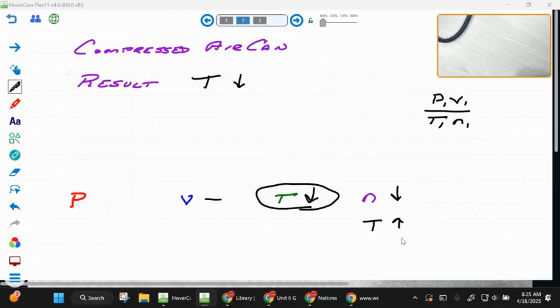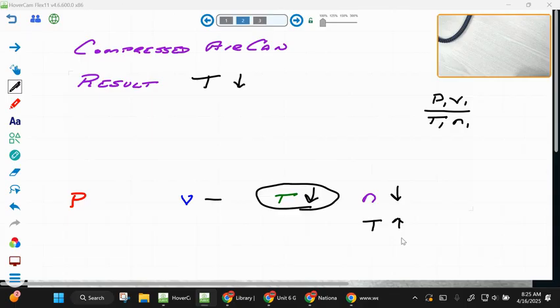Okay. Now think about this. As I get rid of gas inside this can, what happens to the pressure of the remaining gas inside this can? It increases. Really? Well, let's think about this. We know the amount of gas is going down.